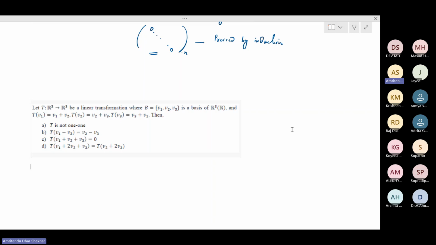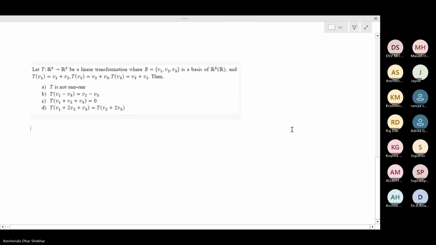Okay. So here, T is given to be a map from R3 to R3, and they have given how T acts on the basis vectors. If it is given to you how T acts on the basis vectors, you can compute the matrix corresponding to T. So the matrix corresponding to T is basically this.